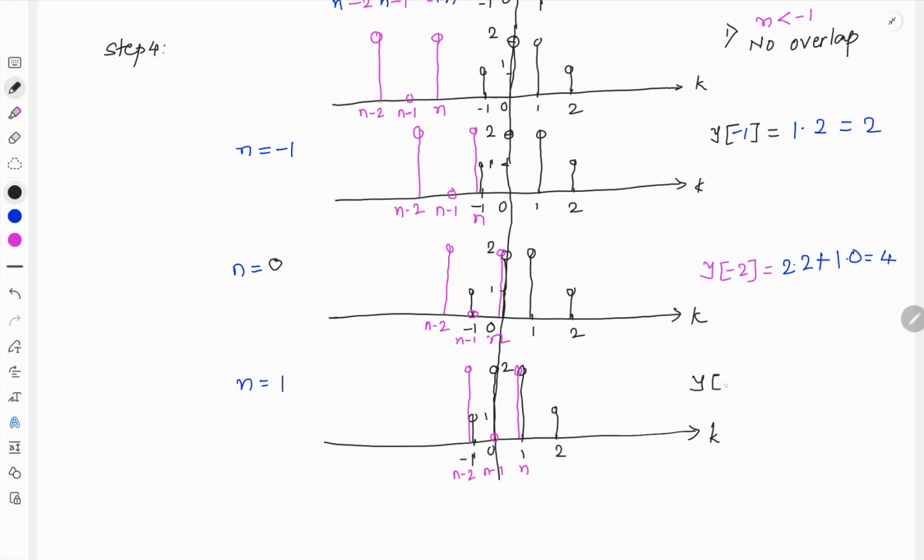So in this case, y of 1 is equal to multiplication and addition of all the overlapping samples.